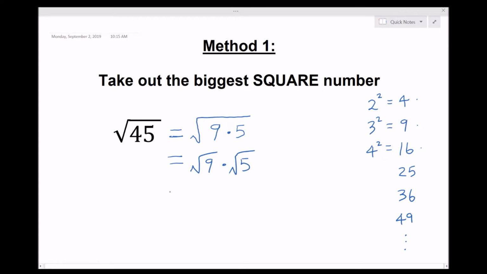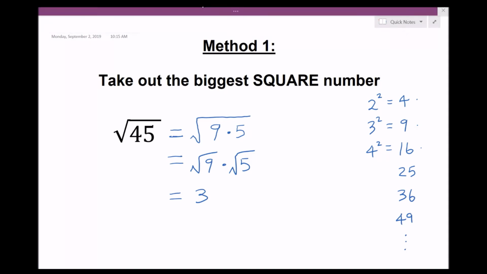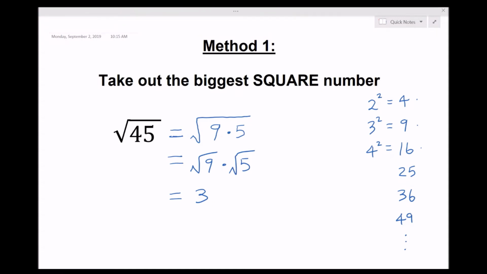So square root of 9, if you recall, is 3. So you apply the square root to the 9, you get a clean 3, and the square root goes away. And what you have left is square root of 5. And that right there is your final answer. Square root of 45 in simplest radical form is 3 root 5.